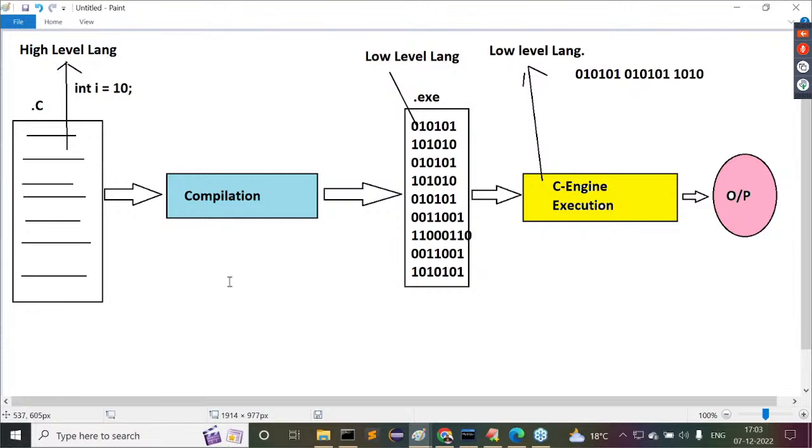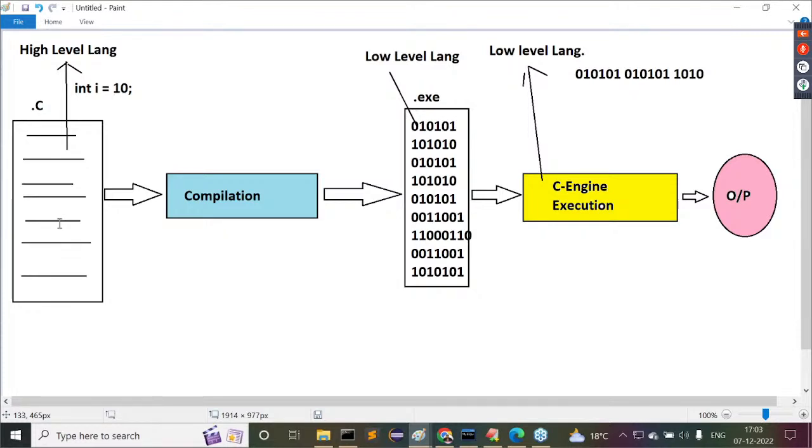One more point I'm telling you, try to understand this clearly. Listen carefully, guys. Who has written the C program? Developer, programmer, a human being, or not? What is the fundamental right of a human being? Committing mistakes. Committing mistakes is a fundamental right of a human being.